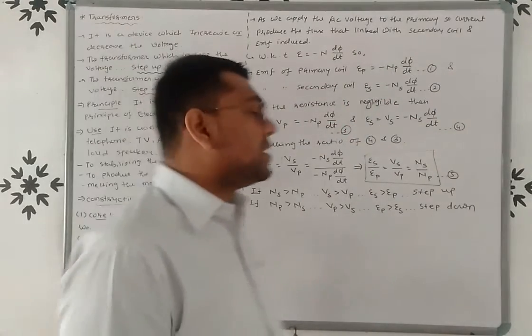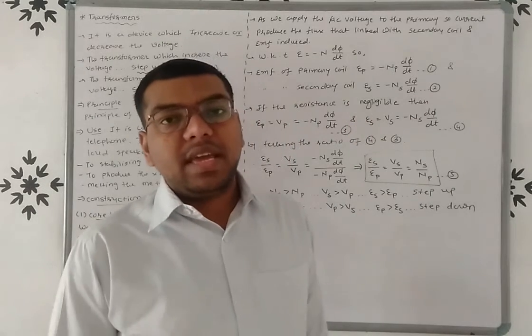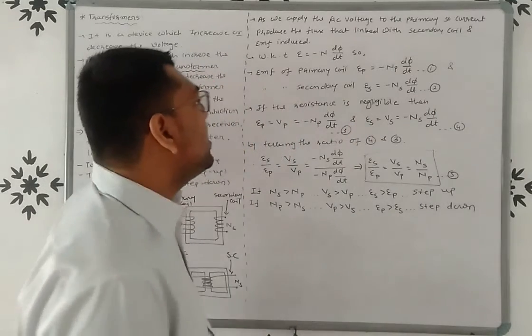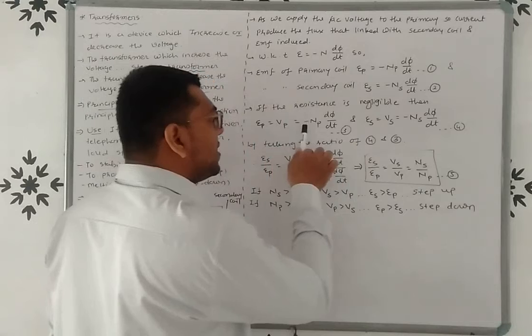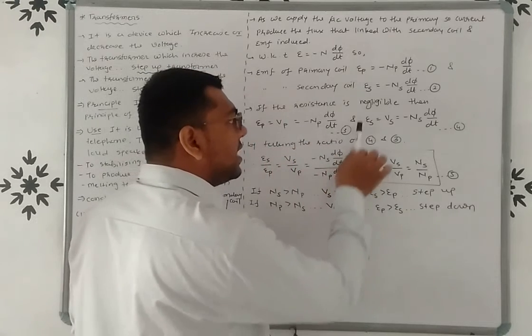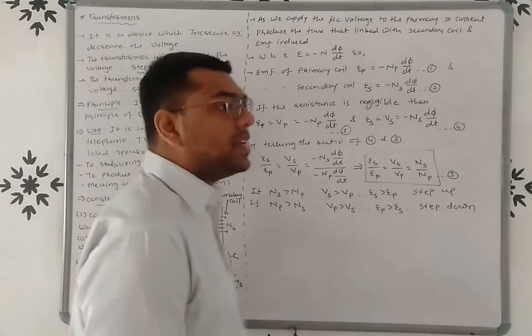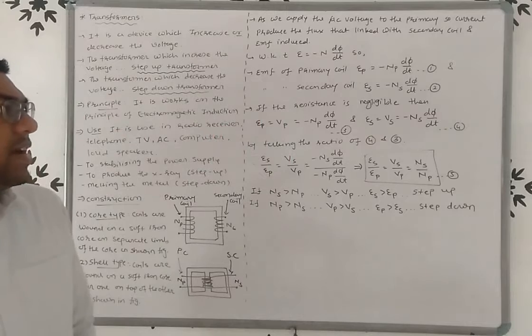So if the resistance is negligible, then EMF is equal to potential V. So EP is equal to VP is equal to minus NP d phi by dt, and ES is equal to VS is equal to minus NS d phi by dt.